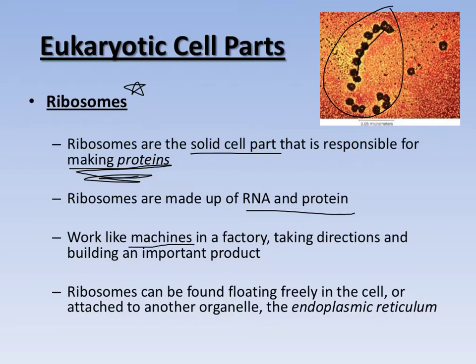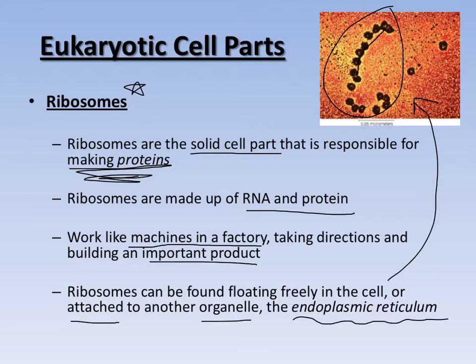Ribosomes are like machines in a factory. They take directions from the nucleus, and then they build that important product. Ribosomes sometimes are just loose in the cell, which is what we see in this picture, or they might be attached to another organelle called the endoplasmic reticulum, and so that's where we'll go next.